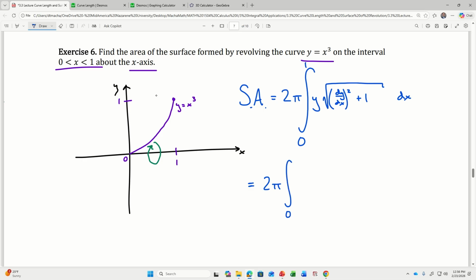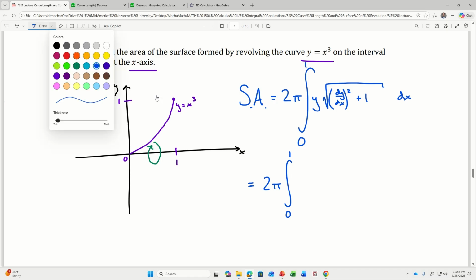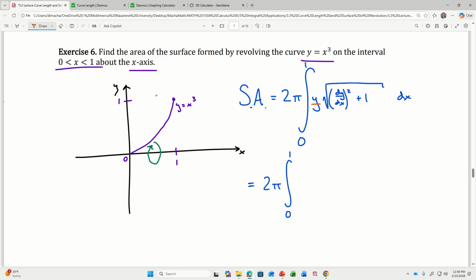So this integral is with respect to x. So I can't have a y hanging out. What am I going to put inside my integrand instead of y? A cube root of x. You're overthinking it.